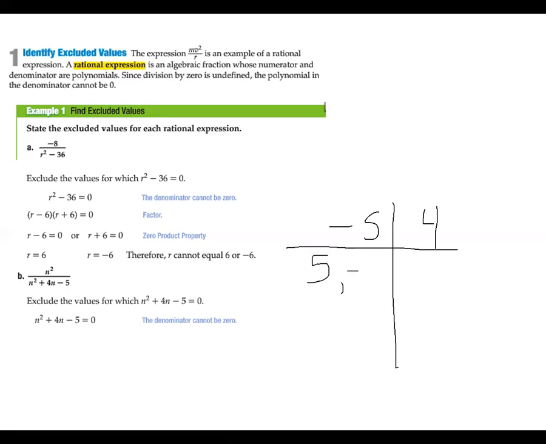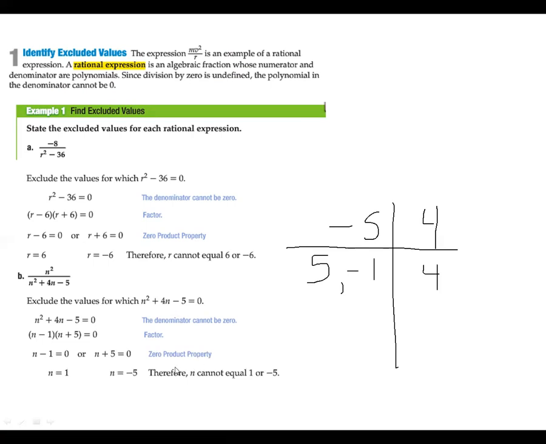The only factors are 5 and -1, and those do add up to 4, so I can factor this as n minus 1 times n plus 5. Then again, zero product property, you set each factor equal to 0. Solve for n in each case, and you get that n cannot equal 1 or -5.